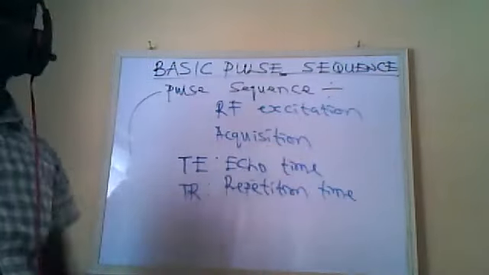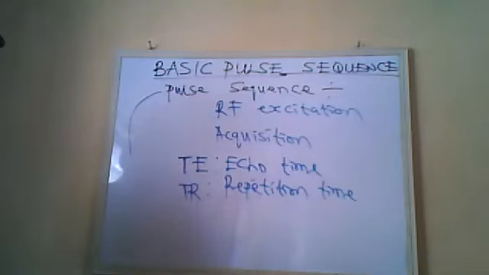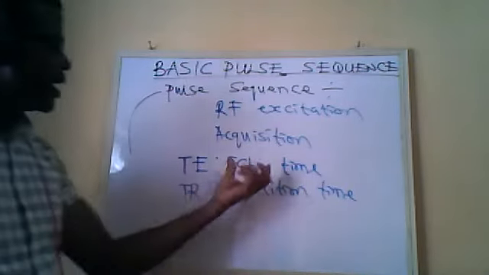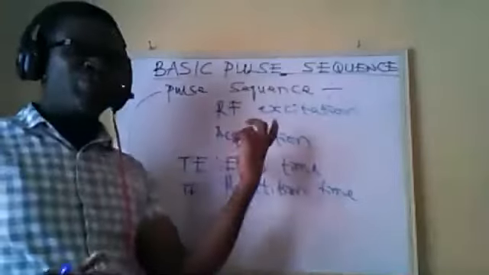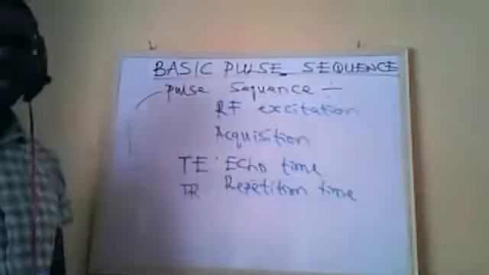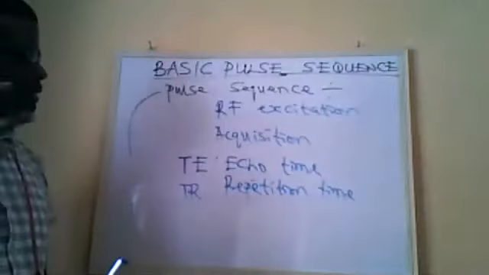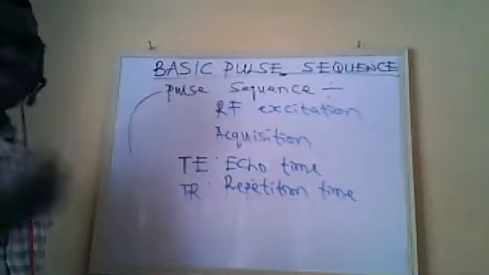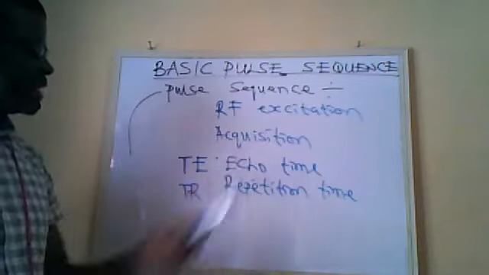We are conversant with echo from sound. Echo is actually the signal we want to get. Echo denotes the signal. The measured signal is the echo.